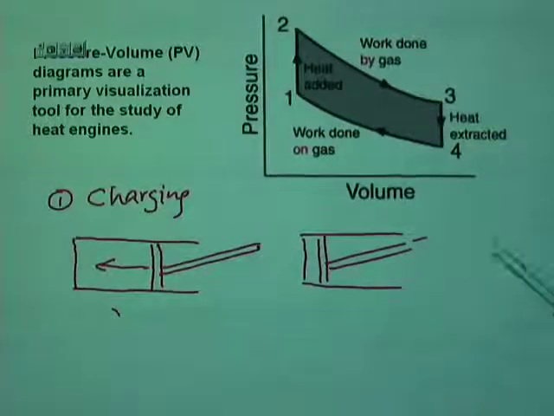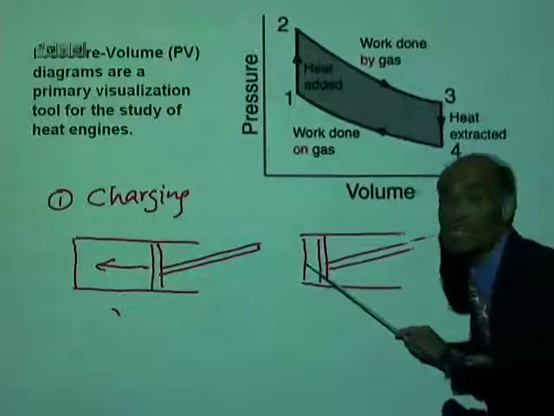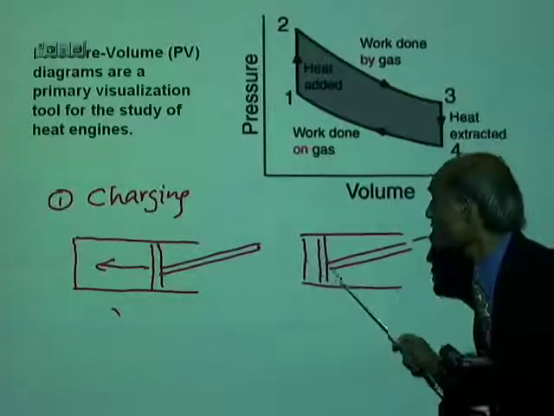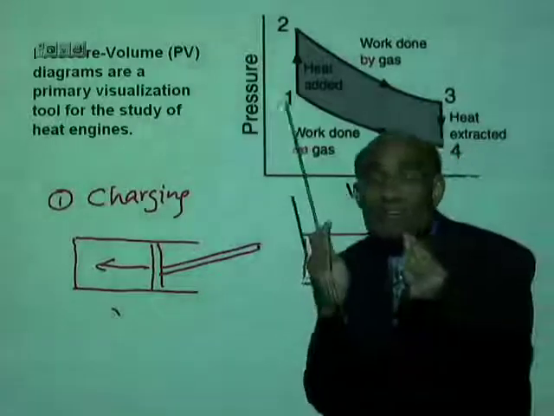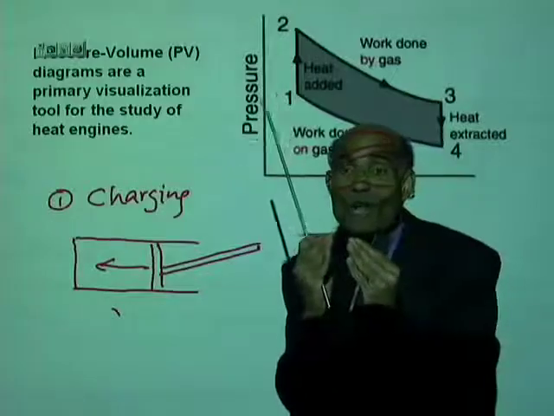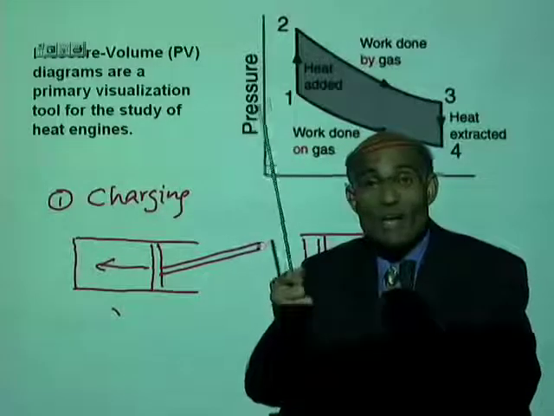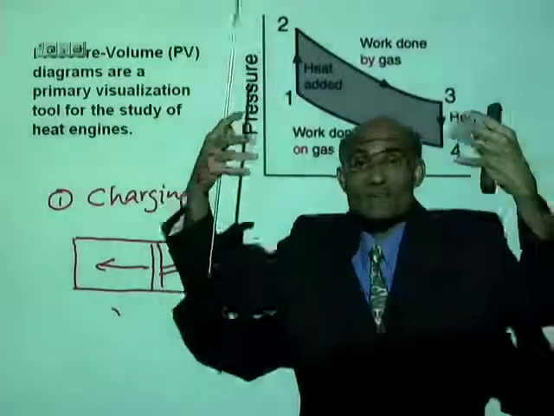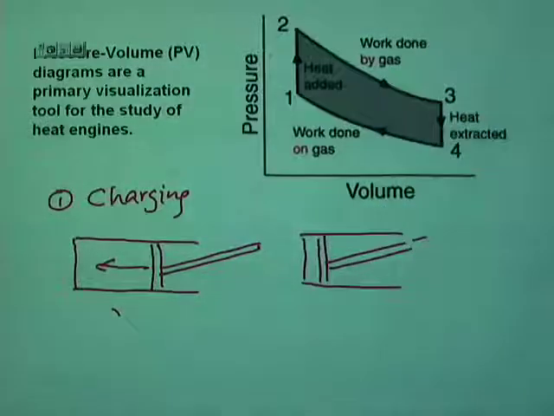You see, this is where the compression takes place. That means the gas inside is compressed to a very small volume. What will happen? The pressure and the temperature increases. So this is called the compression stroke. The second stage is the compression.